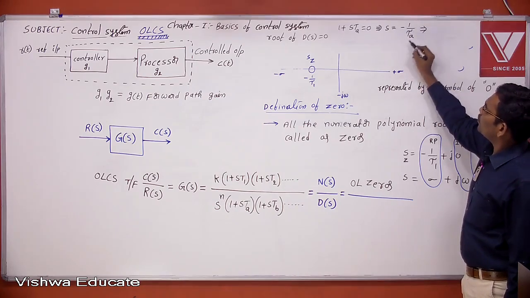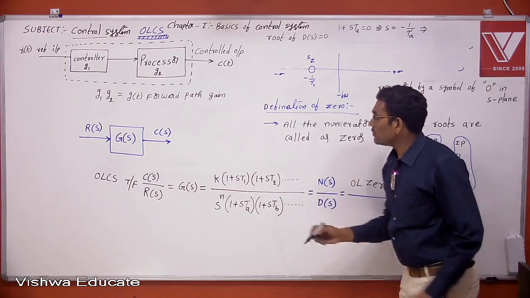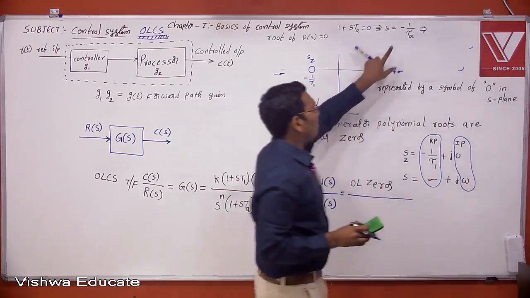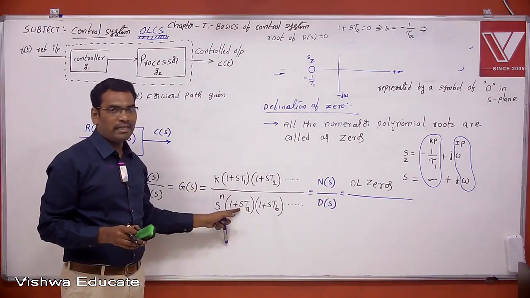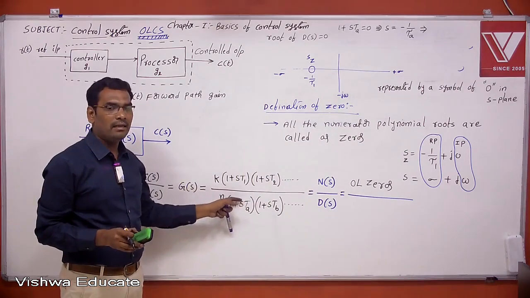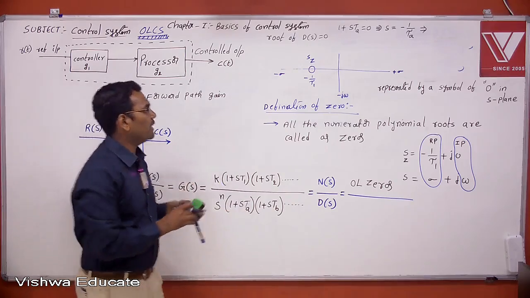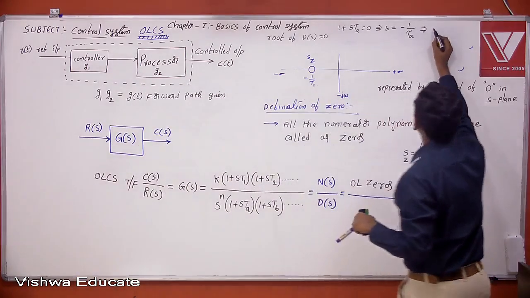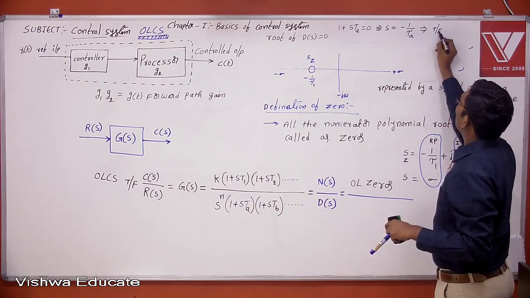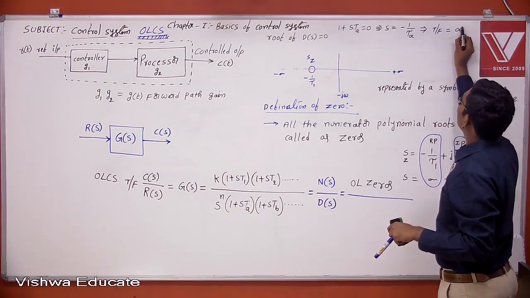If you substitute this particular root in the transfer function, what happens? Minus 1 by tau A cancels, 1 minus 1 is 0, and something divided by 0 is infinity. Now the transfer function will become infinity.